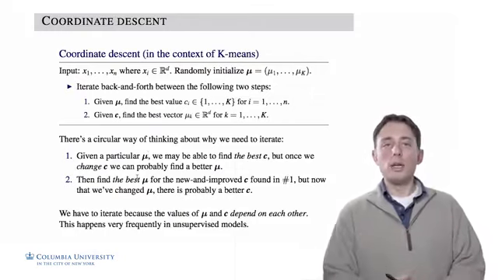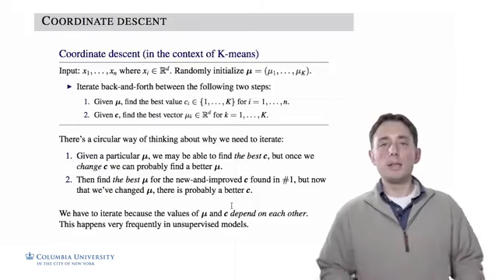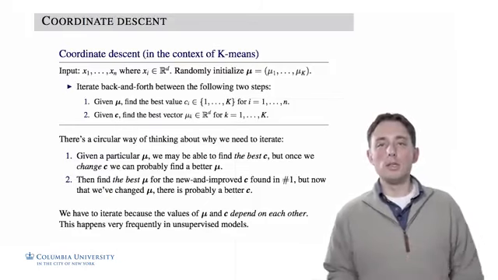And then by optimizing it, those other variables perhaps now can be optimized even more. The whole reason why we iterate back and forth is because mu and C depend on each other in the objective function. So they aren't separated from each other. The setting of C is going to impact mu, and the setting of mu will impact C. So when we change one, we're going to impact how good the other one is.